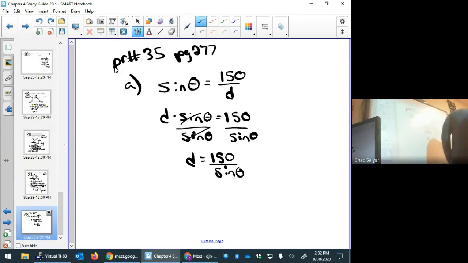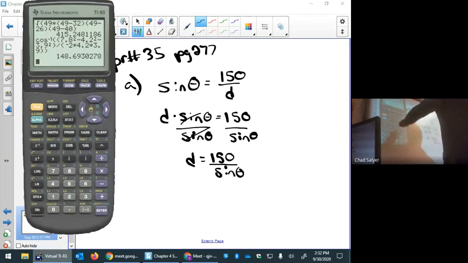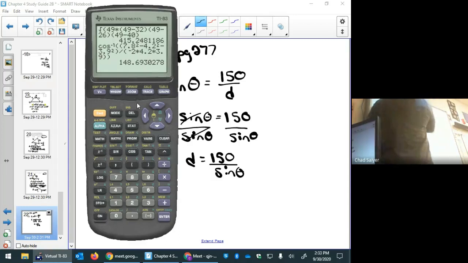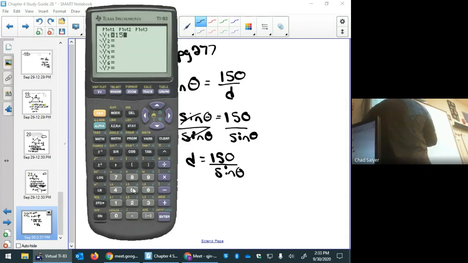That's the A part. The B part says graph the function from 0 to pi, which we'll just use our handy dandy calculator for. So we want 150 divided by sine theta. We'll use X, of course.